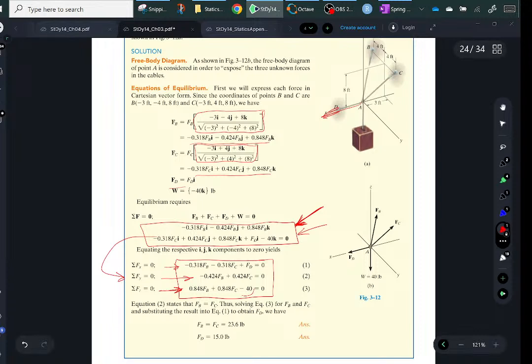He has his 40. He needs to move his 40 over. But these other terms are sitting right there. If you look at FB, take a real close look at that and compare that to this. And you'll see the minus 318, the minus 42, and then 84.